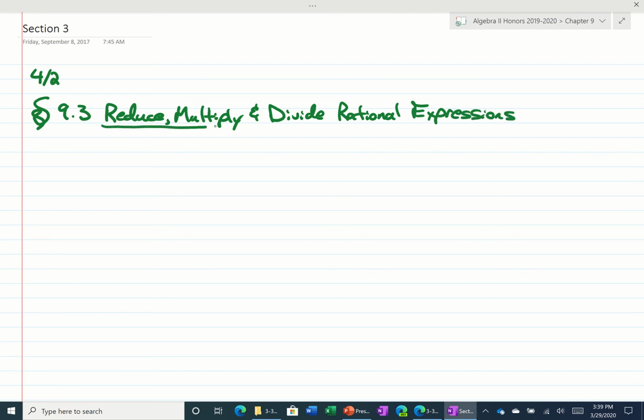And this isn't a hard thing to do. I mean, there's a couple rules we're going to keep going back to. We always want to make sure we know how to factor. I told you all along that's the most important thing in math. And the second thing we're going to make sure that we do is if we're dividing, that means the same thing as multiplying by the reciprocal.